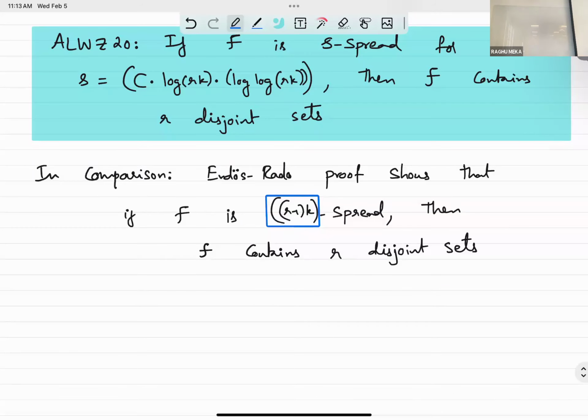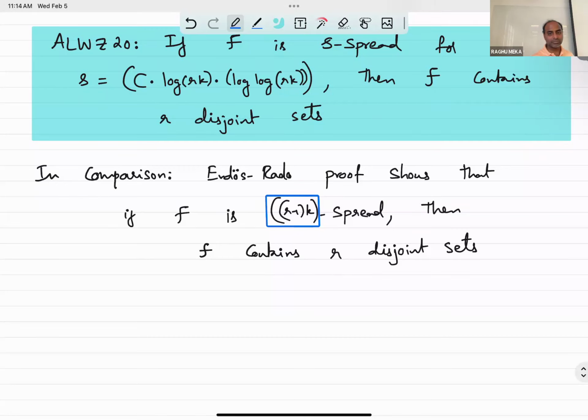In terms of the spreadness required to guarantee that you have R disjoint sets, the old proof had something like R minus 1 times K. And that's what went into the inductive argument, like R minus 1 to the K, and then R minus 1, K minus 1, and so on, right? So here, it's like this log. So you have almost an exponential savings in how much spreadness is required to guarantee that you find disjoint sets.